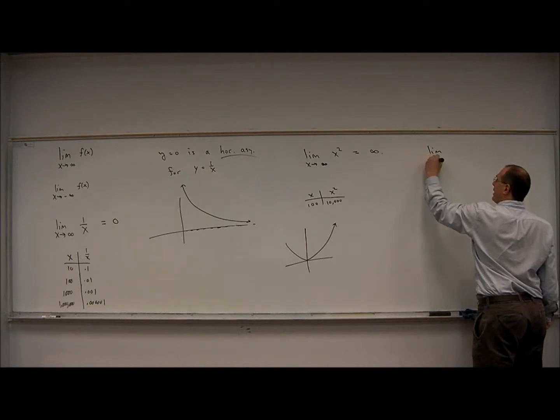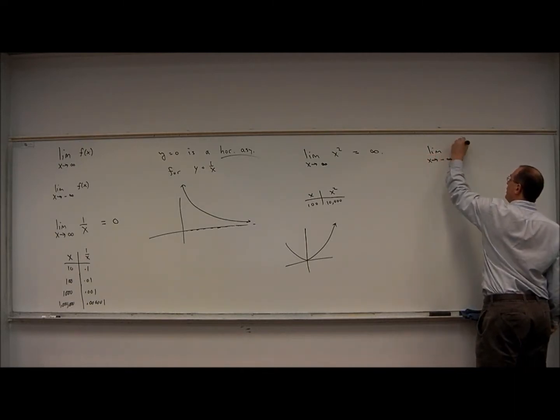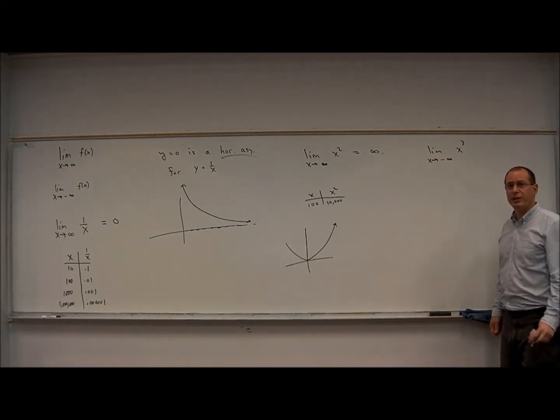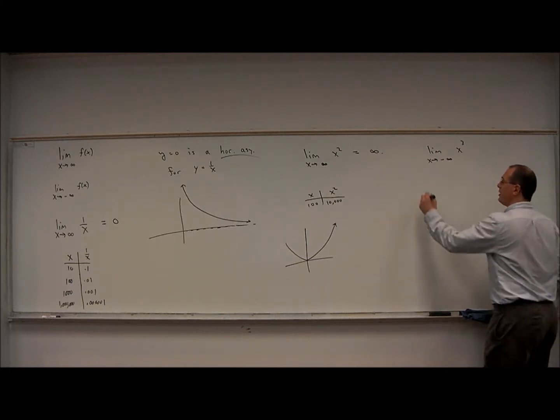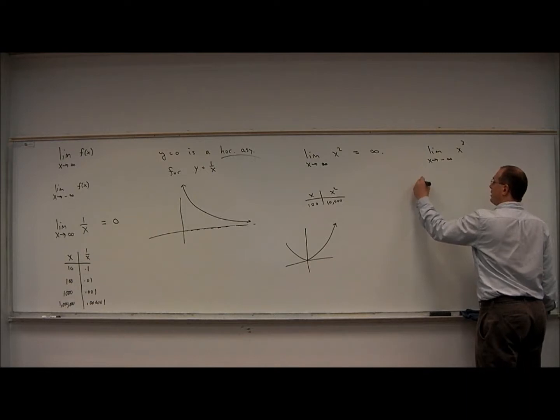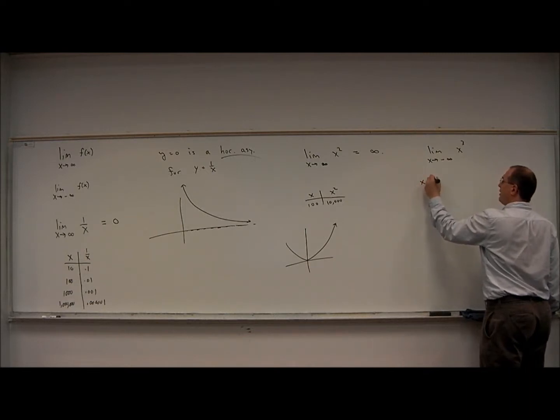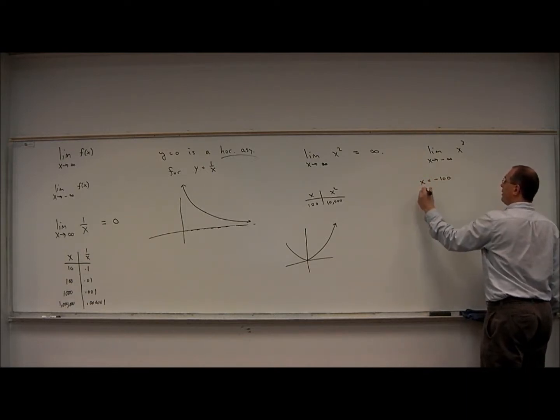How about the limit as x goes to minus infinity of x cubed? As x goes to minus infinity, x is a large negative number. If x is negative 100, then y would be x cubed.